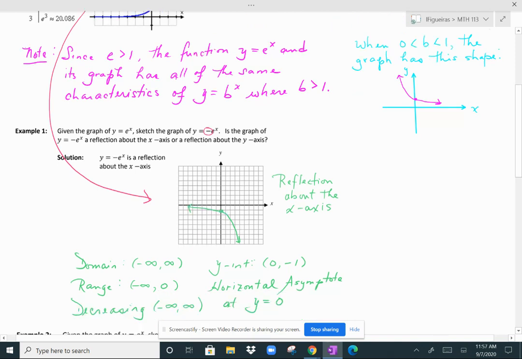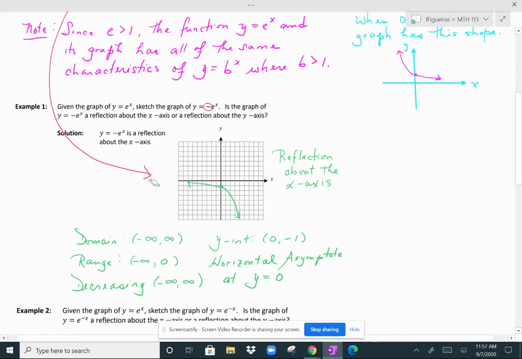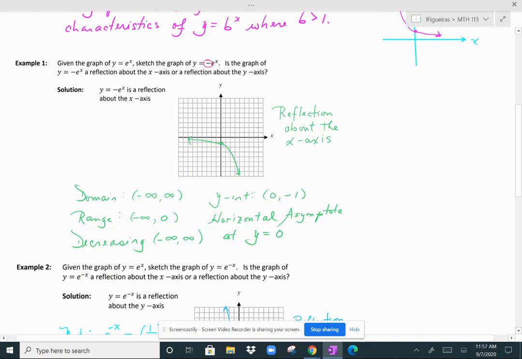So therefore, almost all the characteristics stay the same, except for a couple. The domain is still all real numbers, but this time the range goes from negative infinity to 0, not 0 to infinity. Remember, you read range from bottom to top. So it goes from negative infinity all the way up to, and as it's getting closer and closer to the x-axis, the y value is getting closer to 0.